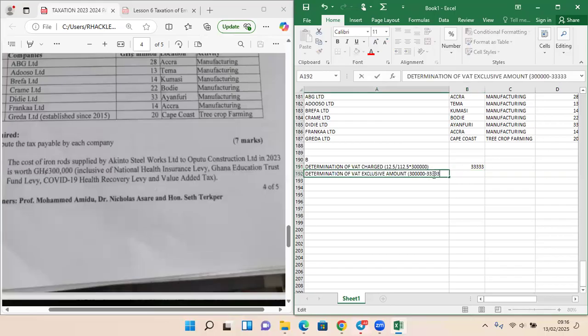So this is going to be the VAT exclusive amount. Now let's calculate for the other ones. Let's bring our VAT here.